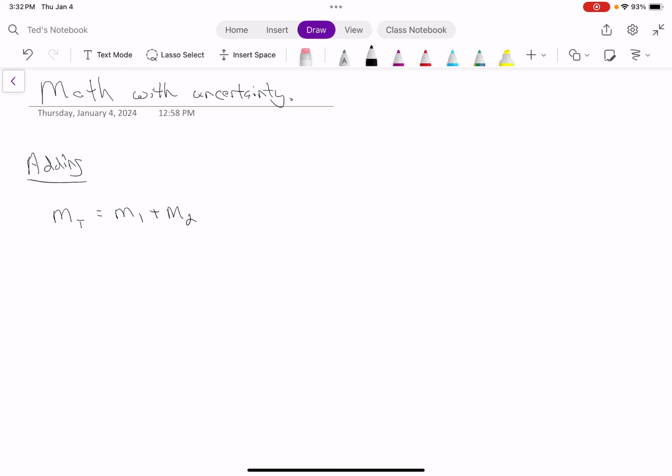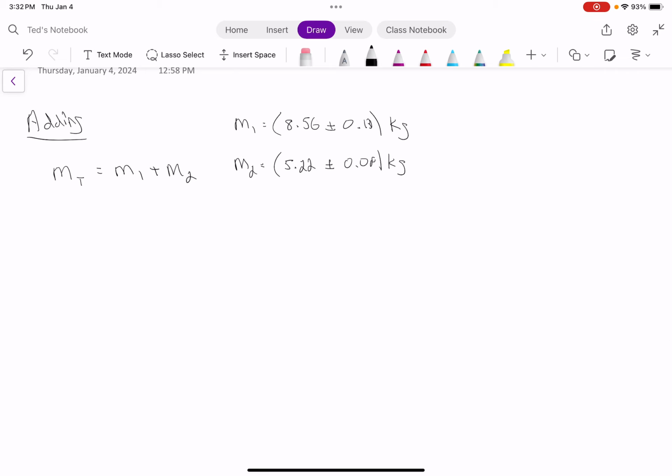So for example, if mass 1 is equal to 8.56 plus or minus 0.13 kilograms, and mass 2 is equal to 5.22 plus or minus 0.08 kilograms. Let's take a look at what we would get when we add those together.